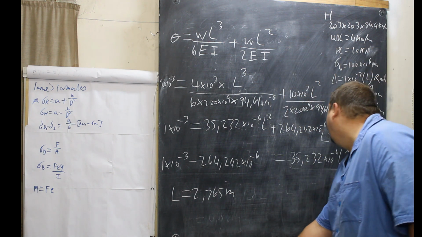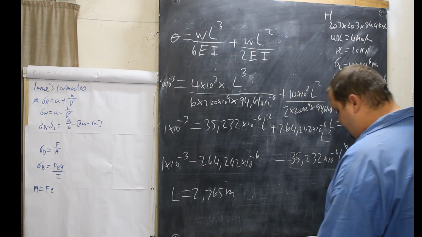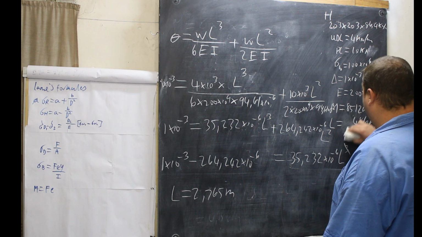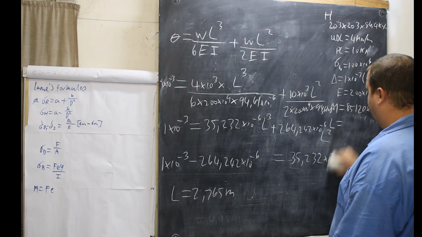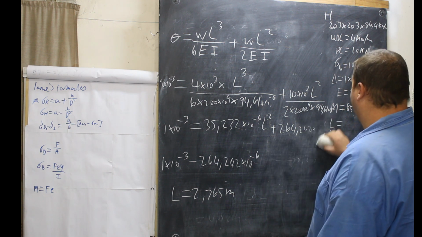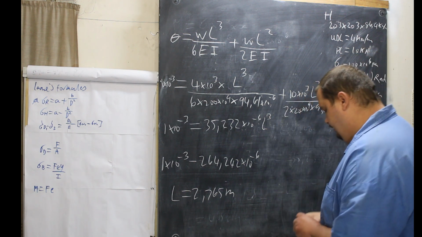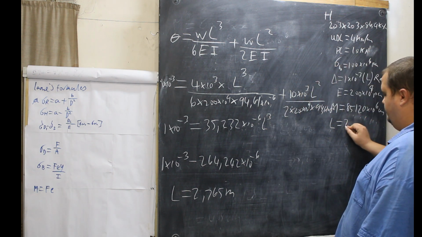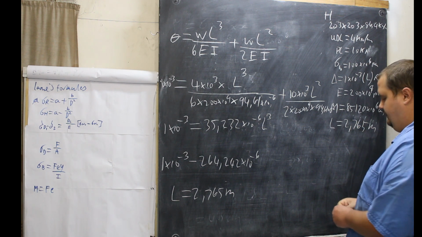So that is the length that suits both our limits. So the length that suits both our limits is 2,765 meters.